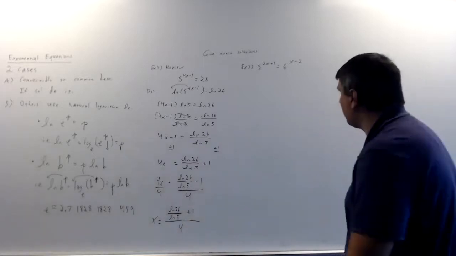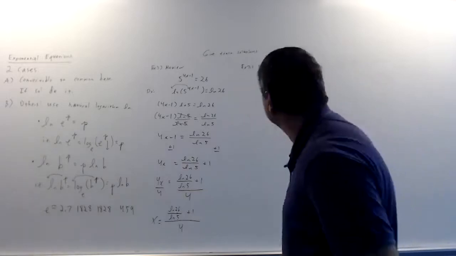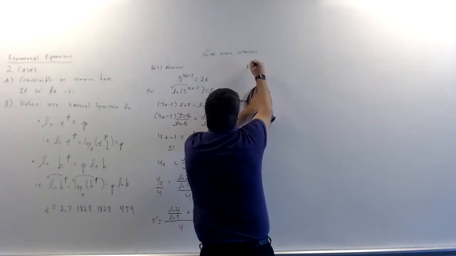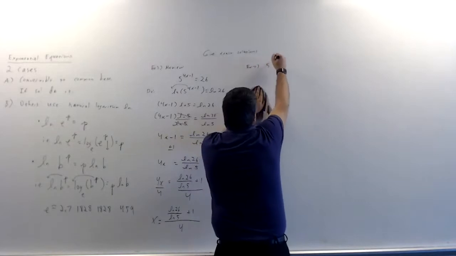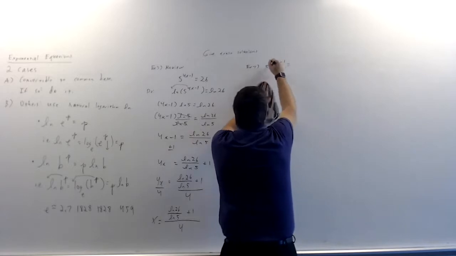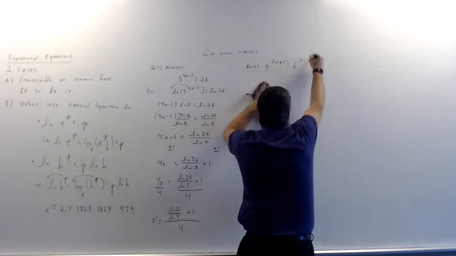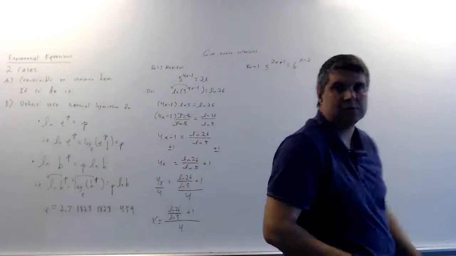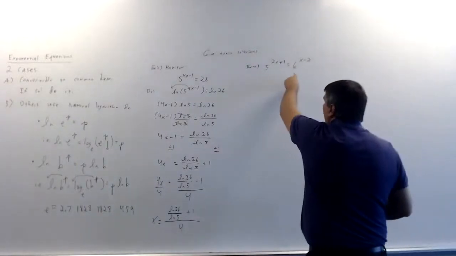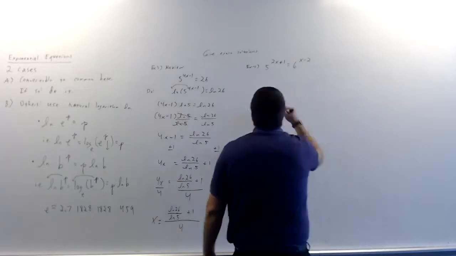Now, over here, we're going to have to do something similar. Okay, I'm going to bump it over a little bit. 5 to the 2x plus 1 equals 6 to the x minus 2. Again, obviously, these two are not convertible to a common base, so we're going to use a natural log.